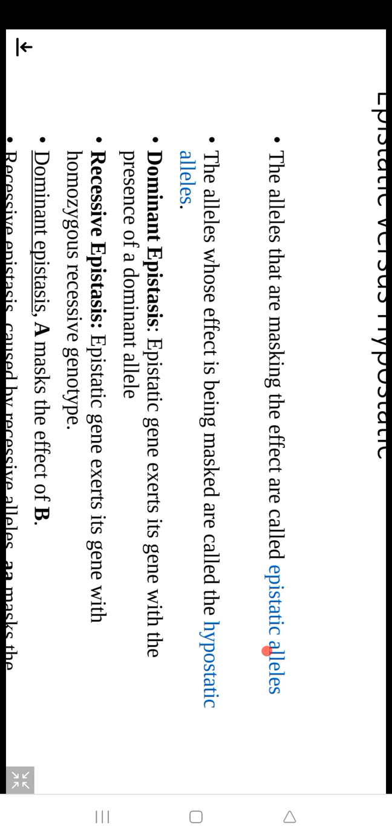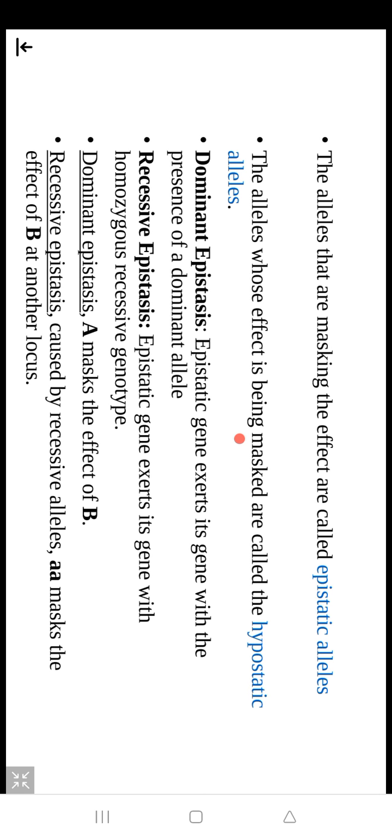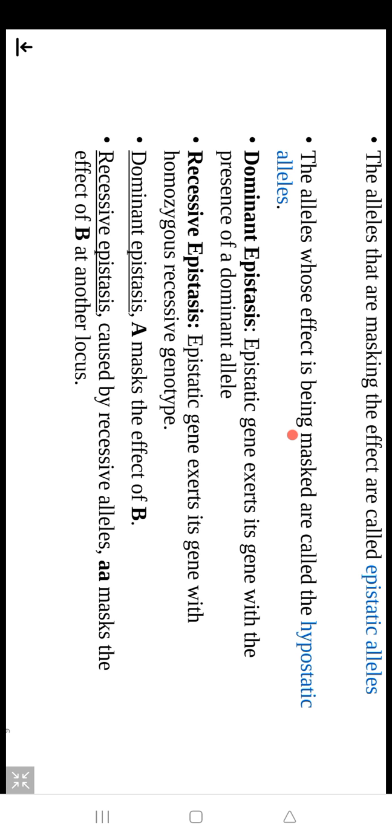So we can say B is epistatic over E. Then the alleles whose effect is being masked are called hypostatic. Like now E, the coat color will either be masked or will depend on whether B is there. So the alleles whose effect is being masked are called hypostatic genes.